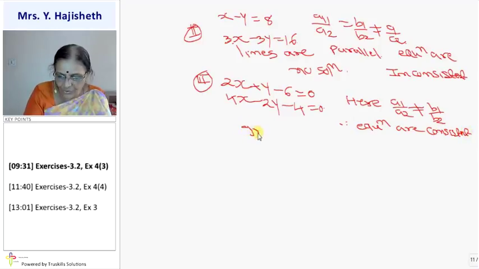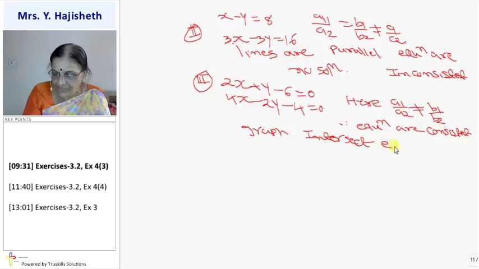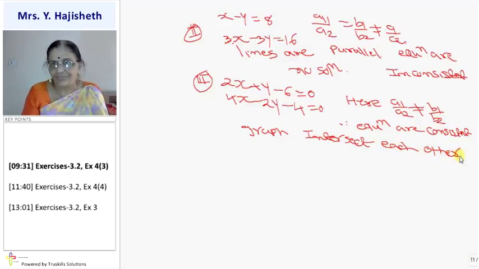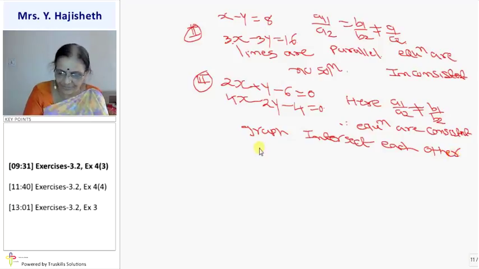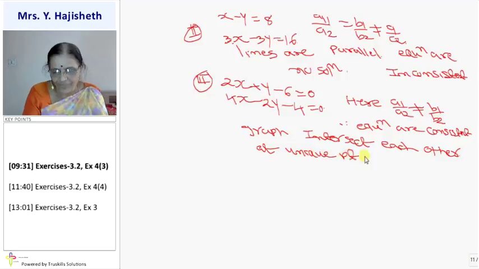Therefore, you draw the graph. If you draw the graph, the lines intersect each other at one point only. So we have a unique solution at a unique point, okay?